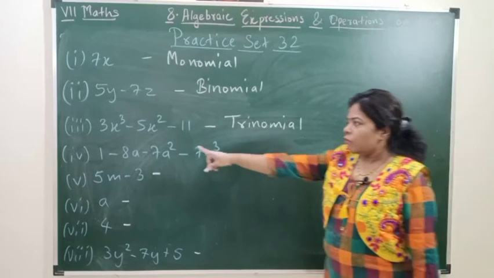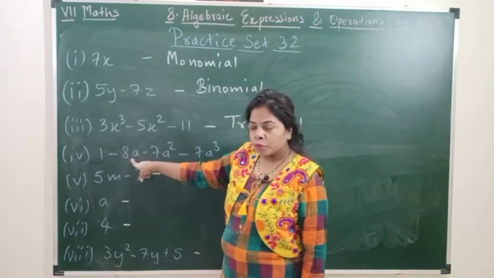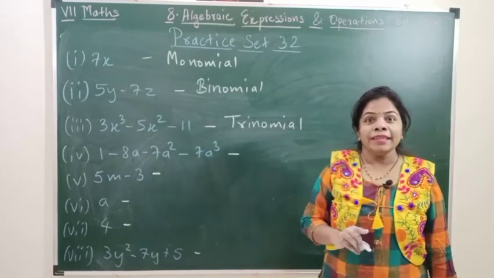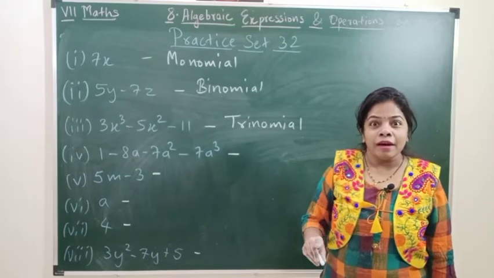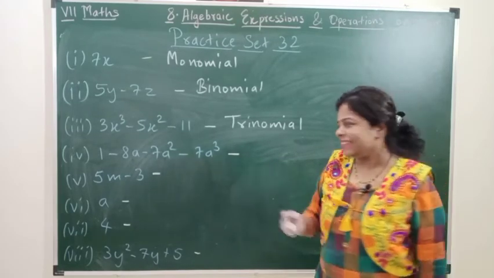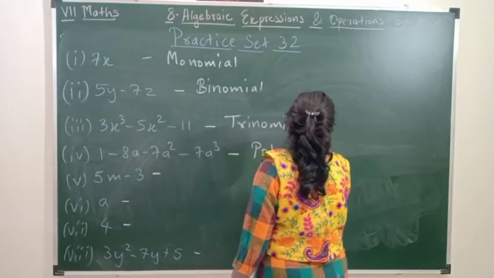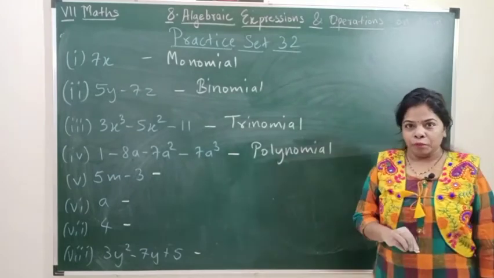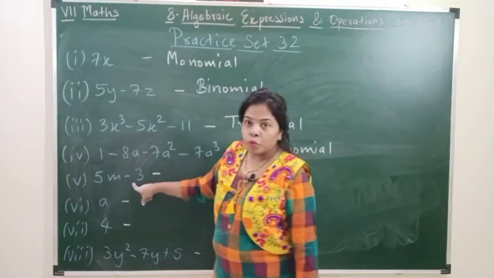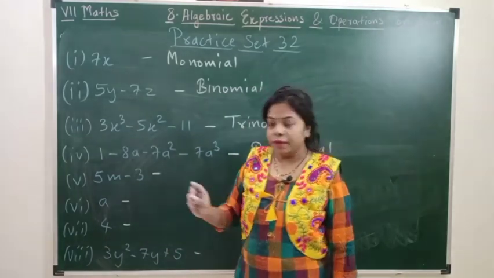Next one, 1, 2, 3 and 4. It's more than 3 terms, so it is a polynomial. Remember now children? It's a polynomial. Next one, children, 1 and 2. There are two terms in this, so it is a binomial.